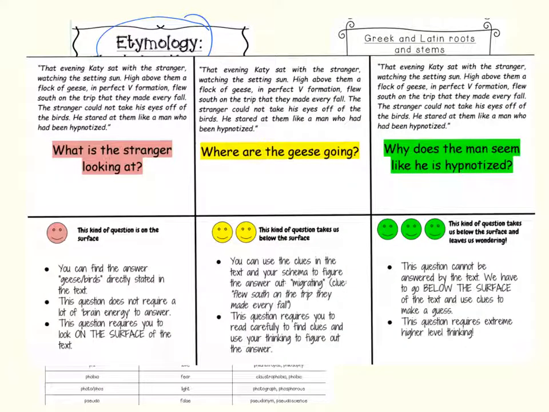So now take another look at this microprogression of skills. What I've done here is I have helped show how to go from a surface level question using the example from The Stranger to a below the surface question to a really beyond the book level.